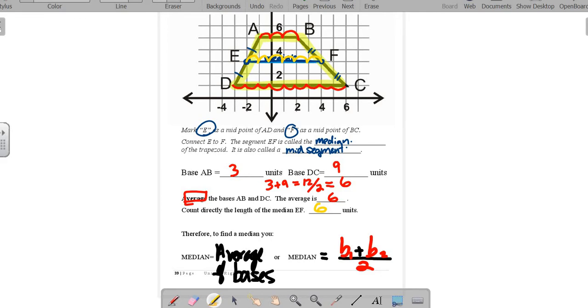Once again, the bases are the parallel sides of a trapezoid. When you use this equation, make sure you use it as median equals base plus base over 2. Equations have two sides with an equal sign. That's very important.